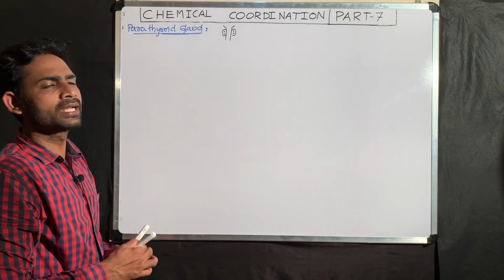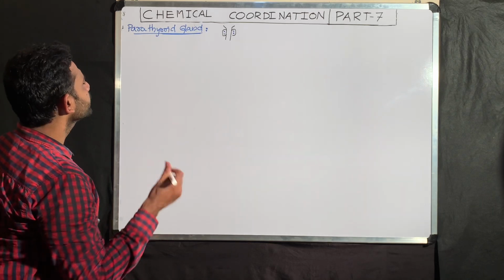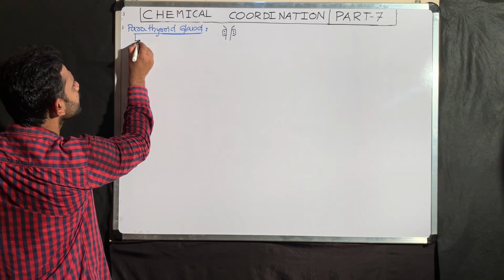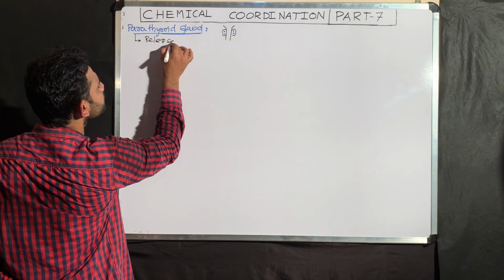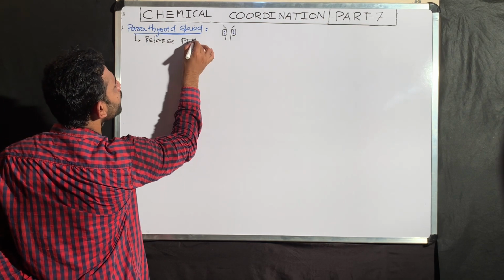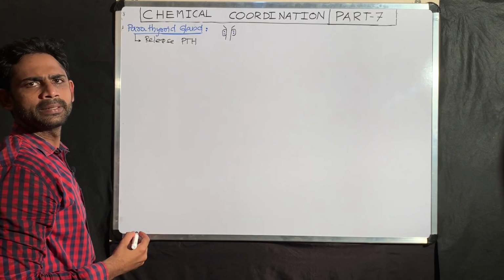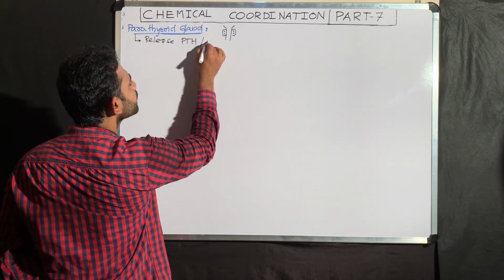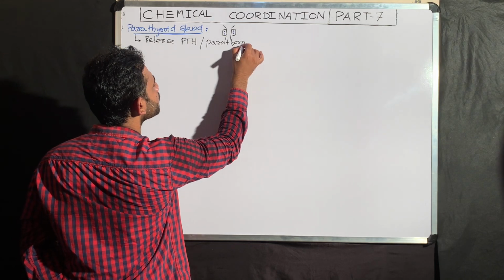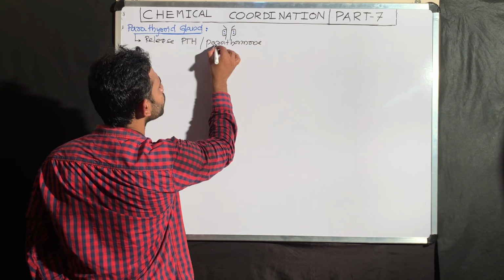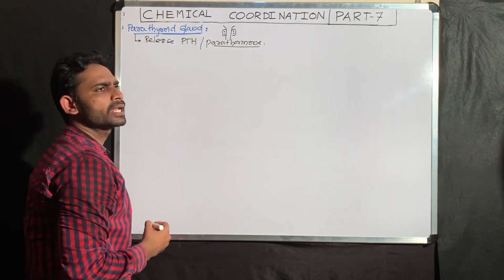The next point is that the parathyroid gland releases parathyroid hormone. You can call it PTH or parat hormone. What is the importance of parathyroid hormone?